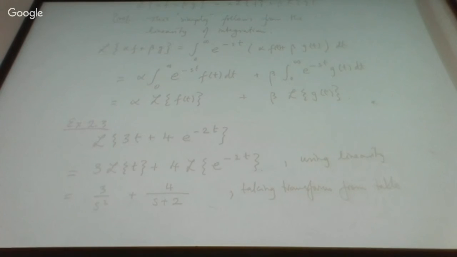Okay, let's just deal with one more property here in 2.2. Should we?